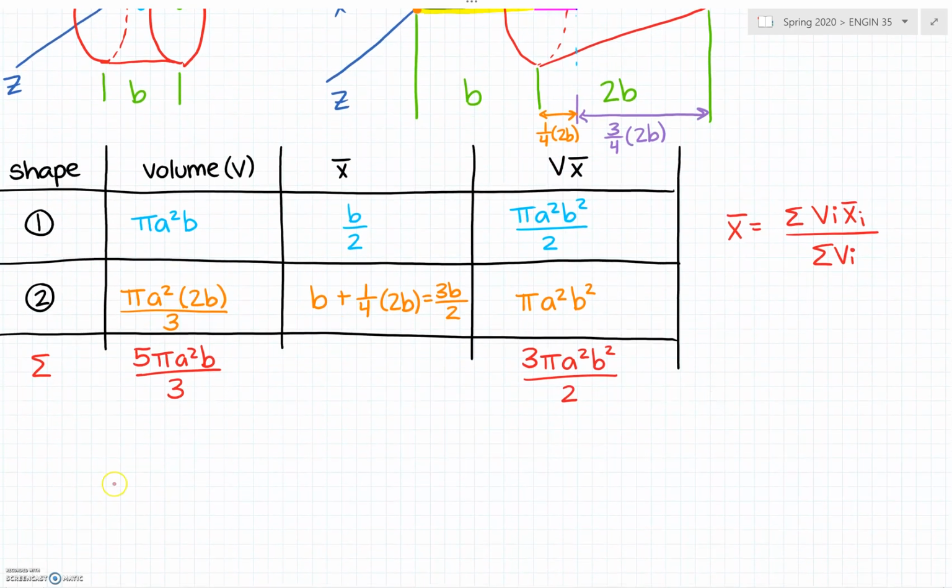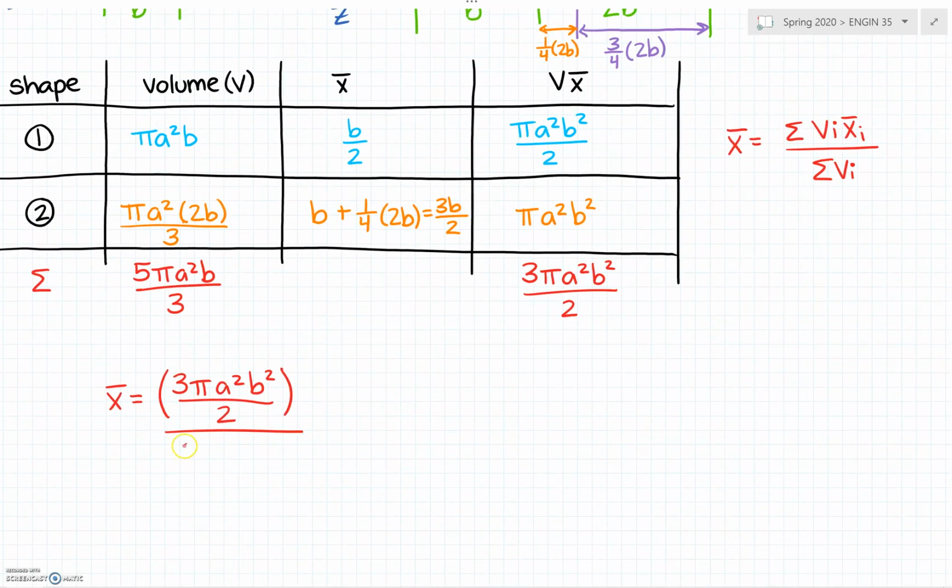So to calculate my x bar, I'm going to have 3 pi a squared b squared divided by 2, divided by 5 pi a squared b divided by 3.